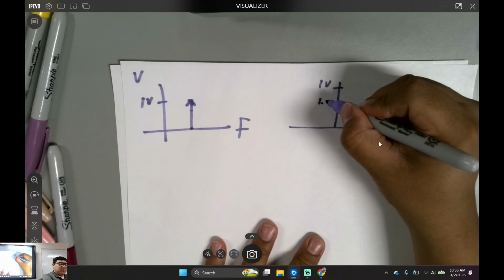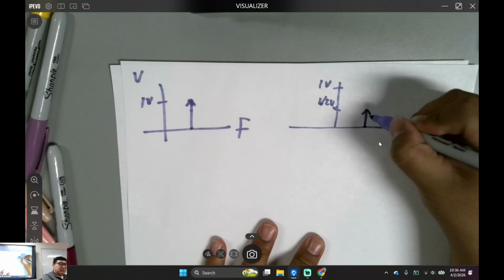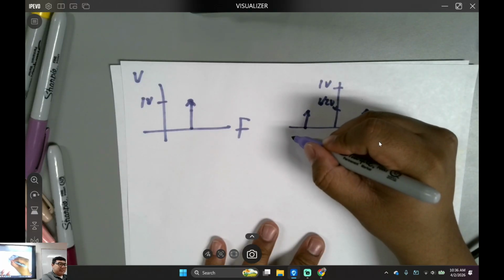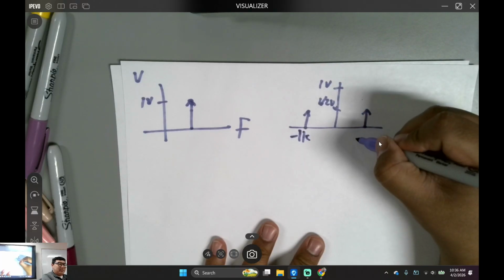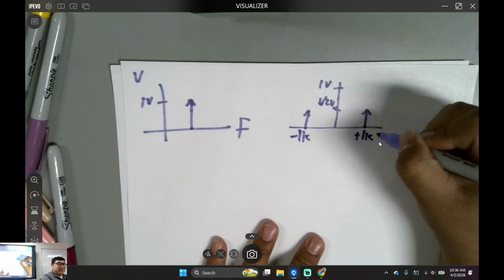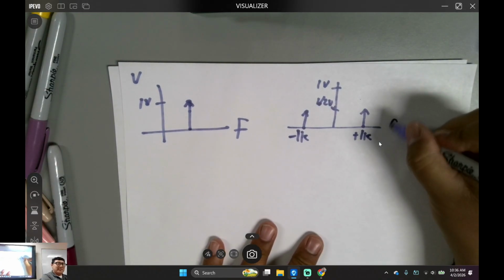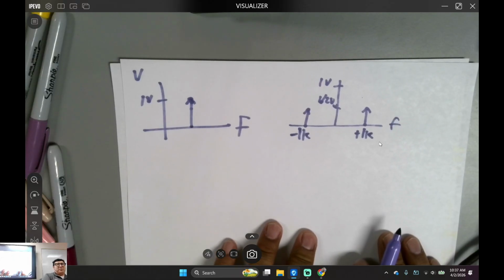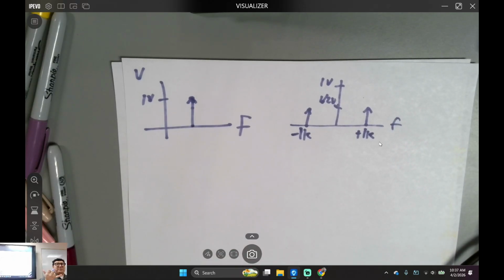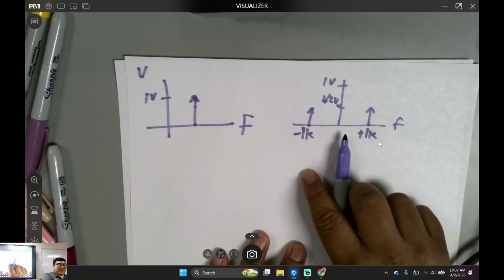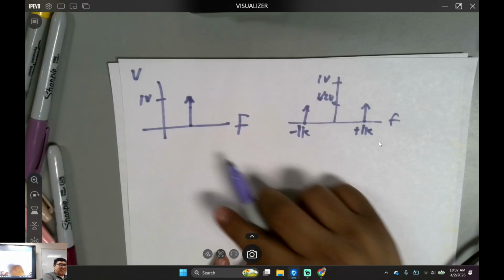This is a 1/2 volt right there. This is minus 1k and plus 1k hertz, right? The double-sided, or two-sided, Fourier transform. But if you wanted a single-sided one, like how we do it in real life, spectrometers, audio spectrometers, you just flip it and then everything kind of multiplies like that.